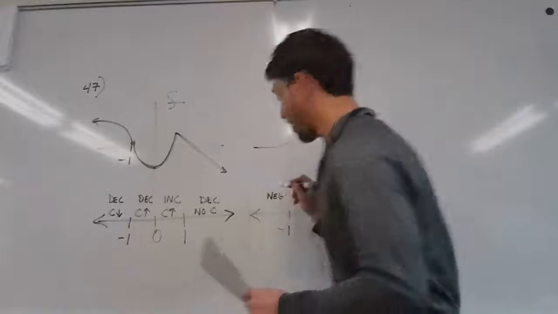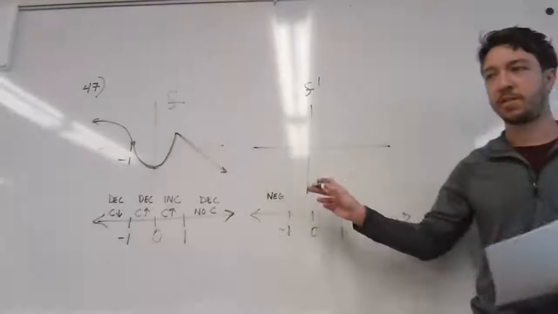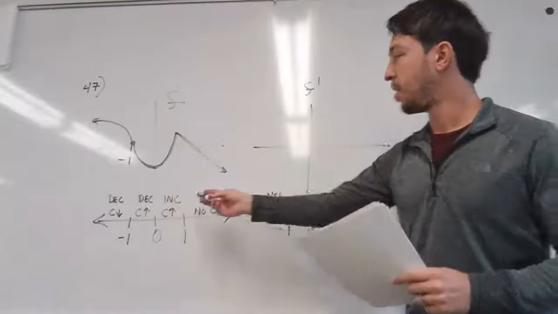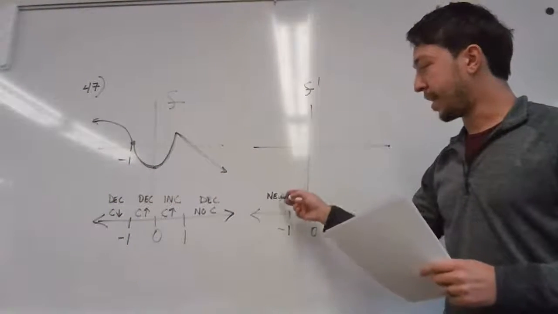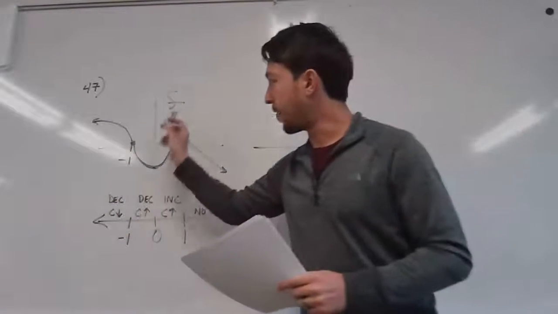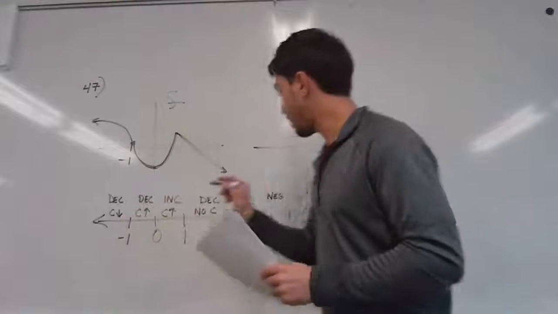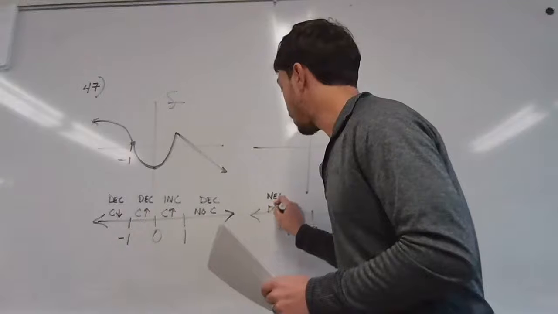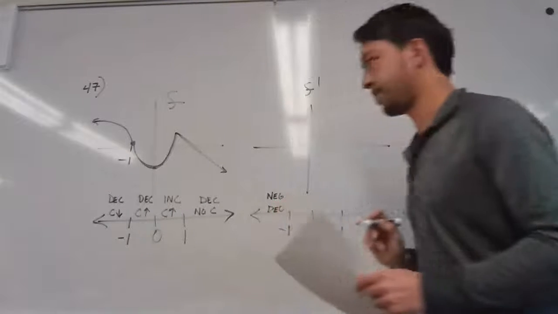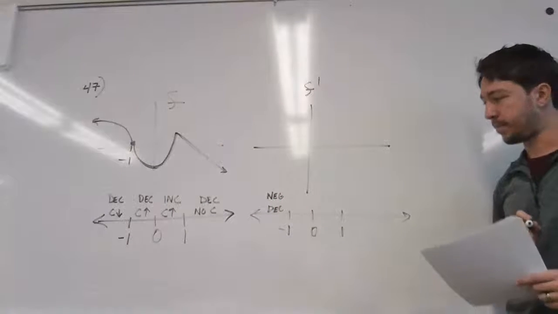Try to focus hard on this one. This is pretty tough. This is one of the tougher things we do in this class. So if f is decreasing, the graph of f prime will be a negative number. If f is concave down, that means that f prime is decreasing. Okay.